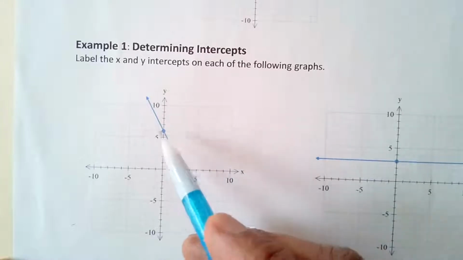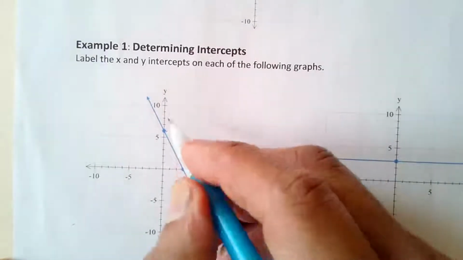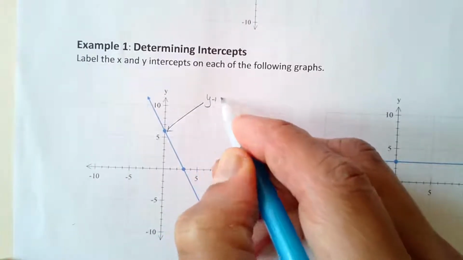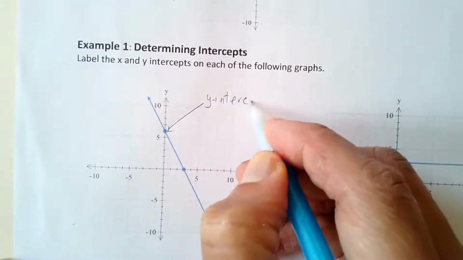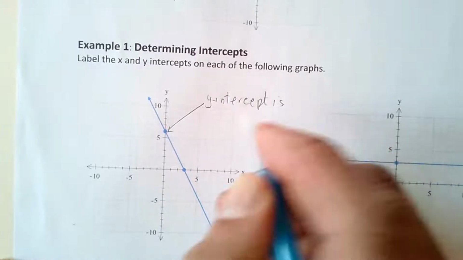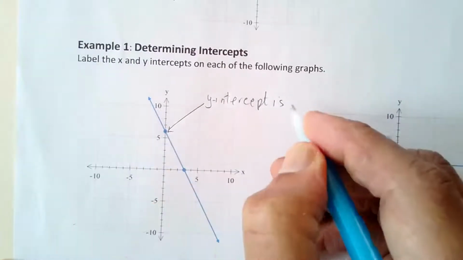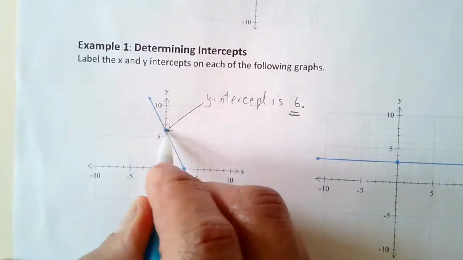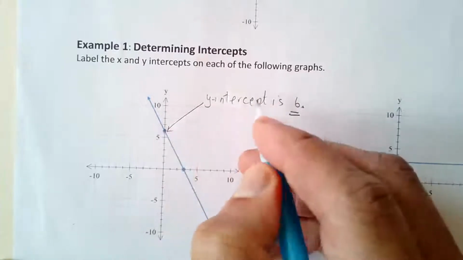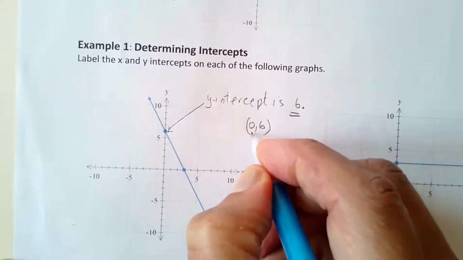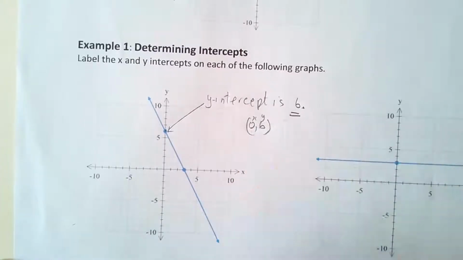This is your y-intercept, and in this case it is 6. So the coordinates for this point would be 0, 6. X is 0, y is 6.